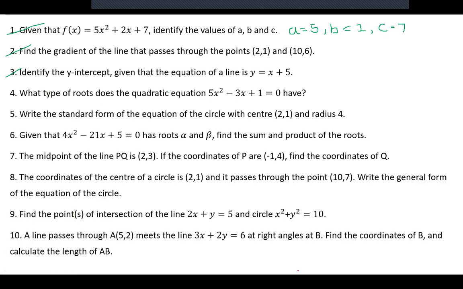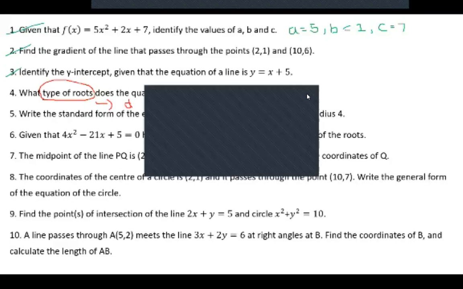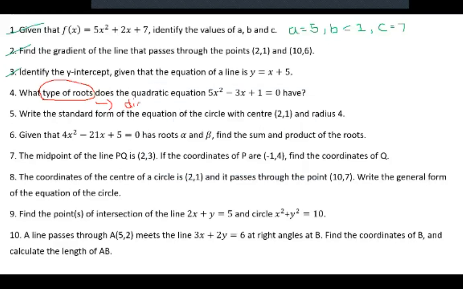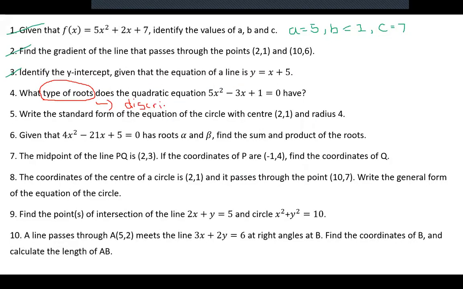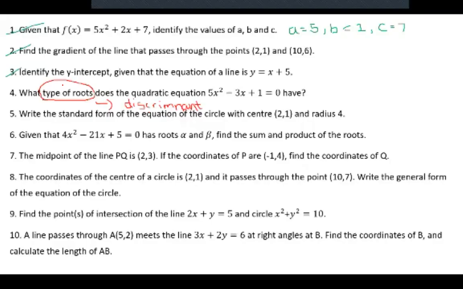Because I already have answers, I'm going to go through it now. When they say type of roots, you automatically know they're talking about the discriminant. Type of roots, discriminant.